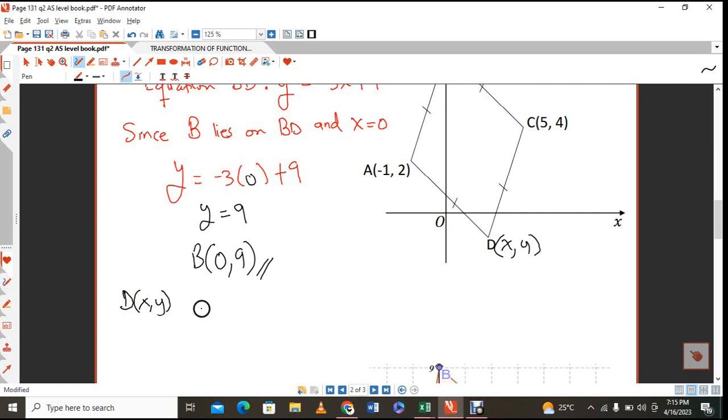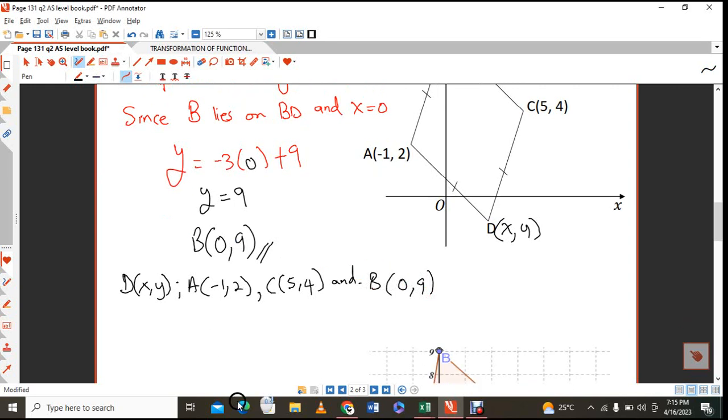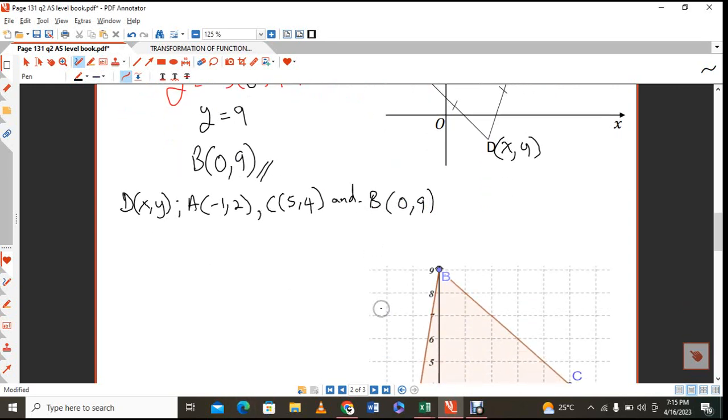Looking at our point A, I want to bring all my points here: negative 1, 2, and then our point C is 5, 4, and our point B, which is 0, 9. So what does that give me? Well, I'm just going to come down here. You'll see that I've completed the diagram, but I'm not going to bring it all up because I want to solve this problem first.